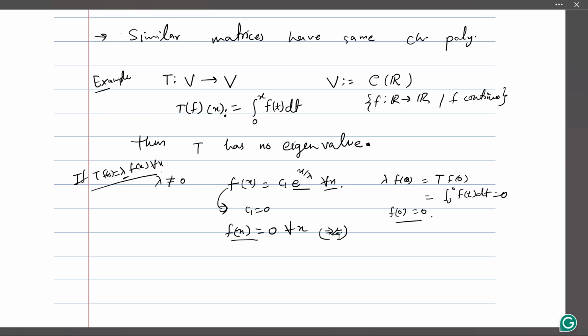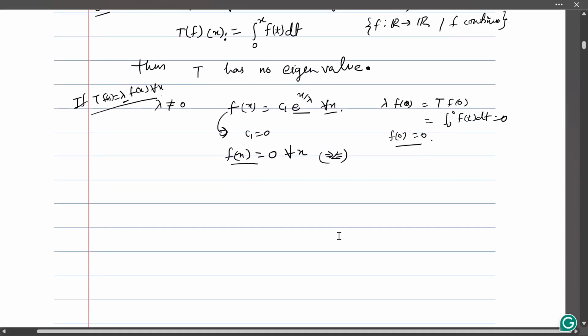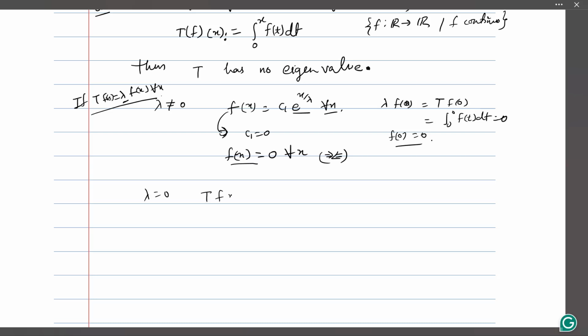Similarly, in the second case, when lambda is 0, then Tf is completely 0. Then Tf(x) is equal to 0 for every x.